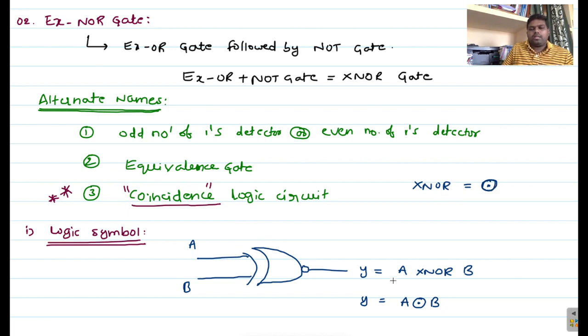Otherwise you can treat it like this also, Y equals (A XOR B) complement, no problem. Why? Because this is XOR gate followed by NOT logic, right?